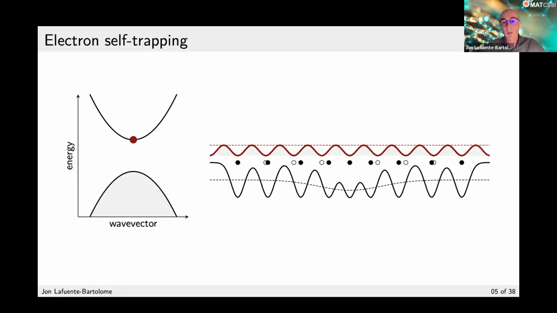As a result, the electronic state will stay as it was before, totally periodic, and it will stay at the conduction band bottom. This distortion of the lattice will act just as a scattering center, and thus it will limit the conventional transport that I showed in the first slide.